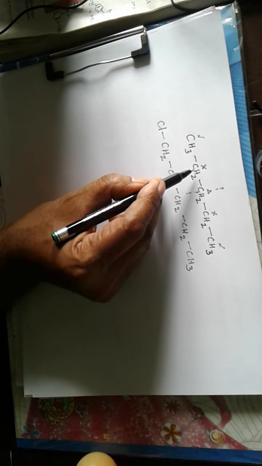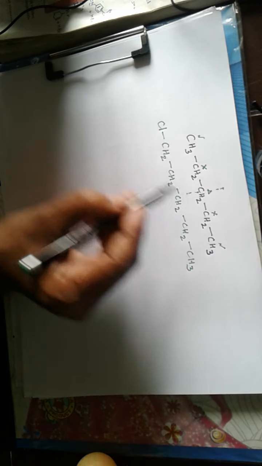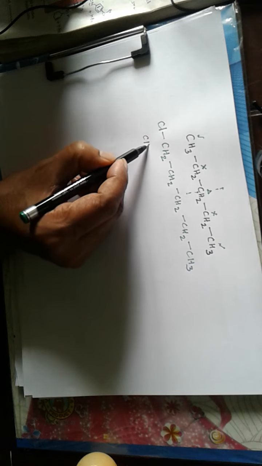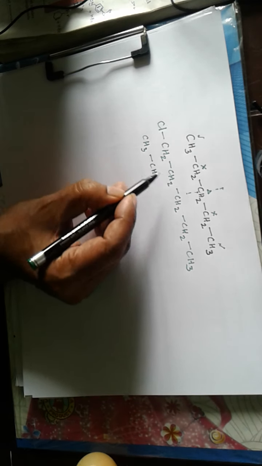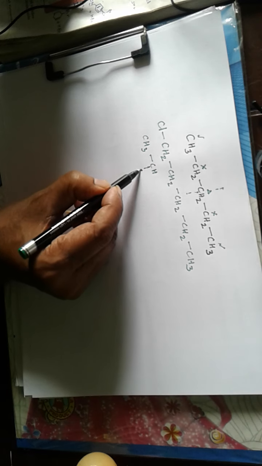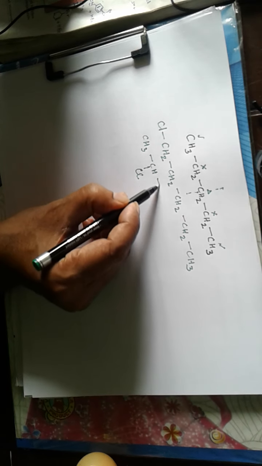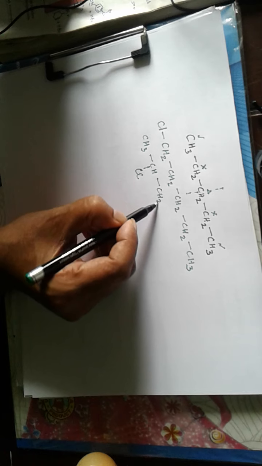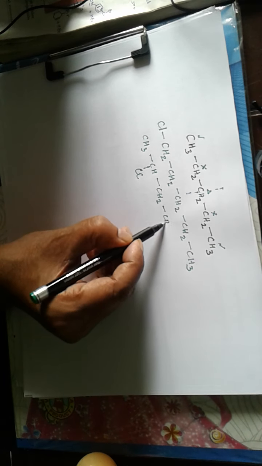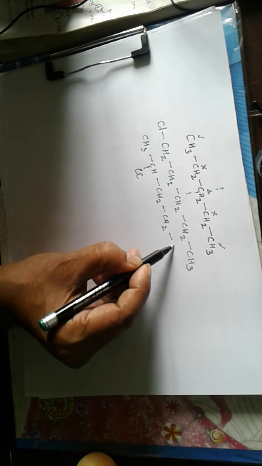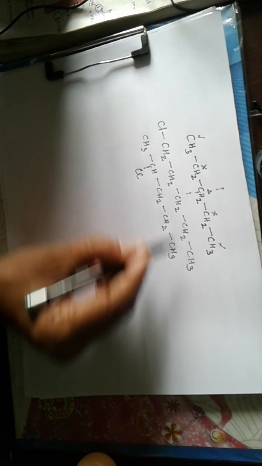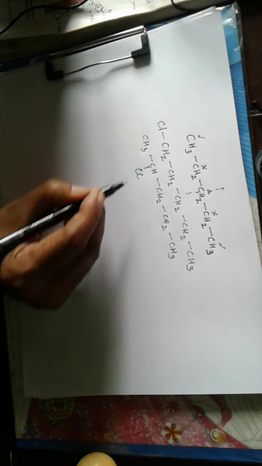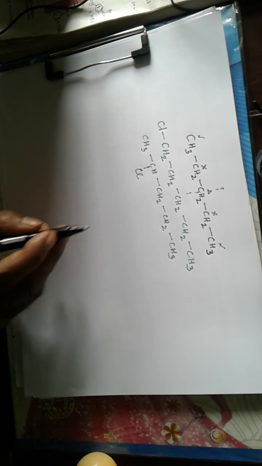Then this is a different carbon, so you connect Cl there, CH3 CHCl, you replace one H by Cl, then we have CH2 and CH3. Now this is 1-chloropentane and this is 2-chloropentane.